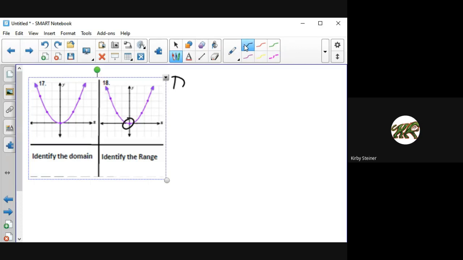All right, so domain of f is the set of x's such that there exists a y such that f of x equals y.